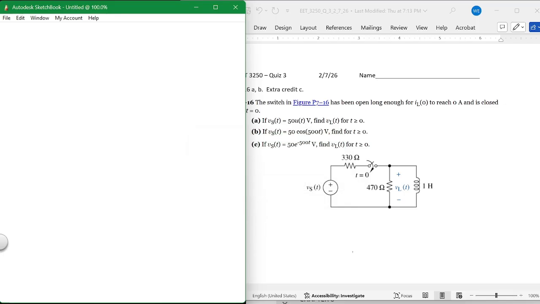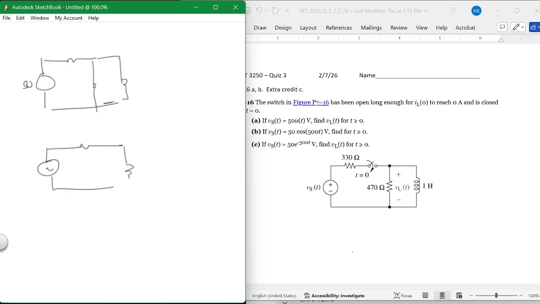The B solution is 50, and you've got the same R Thevenin and V Thevenin. It's exactly the same. But in this case, the impedance of the inductor is what?